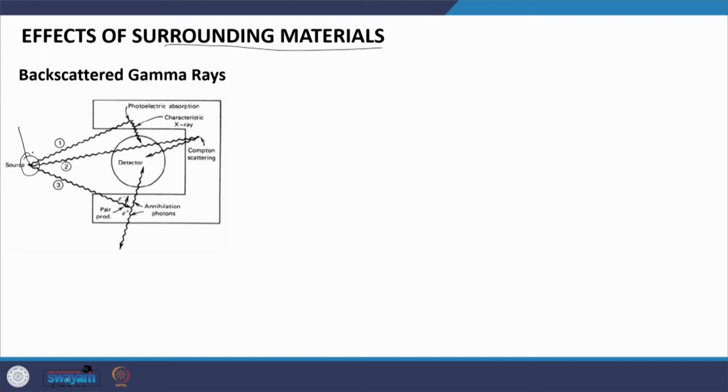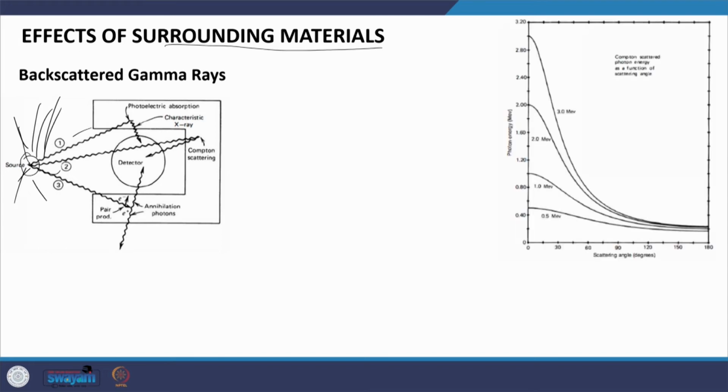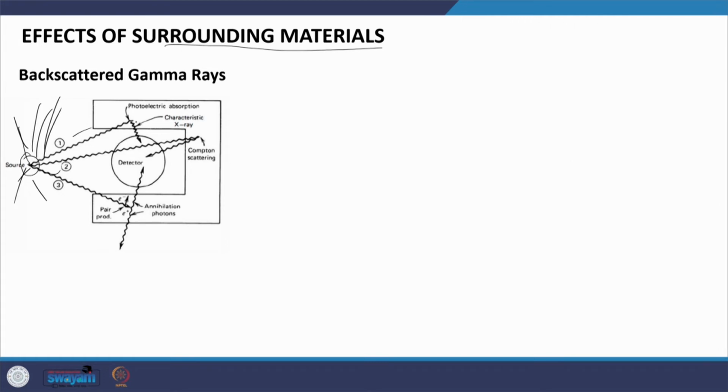Gamma rays are emitted in all directions, and they also fall on the materials surrounding the detector. There is a high chance that they undergo absorption within the surrounding material, and they can emit characteristic X-rays because of the photoelectric effect, and these X-rays can enter the detector.